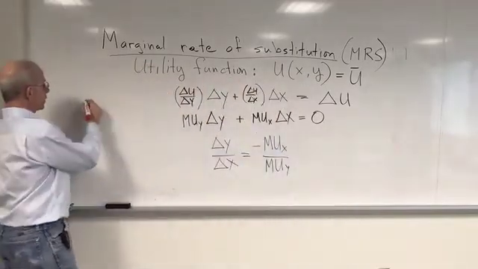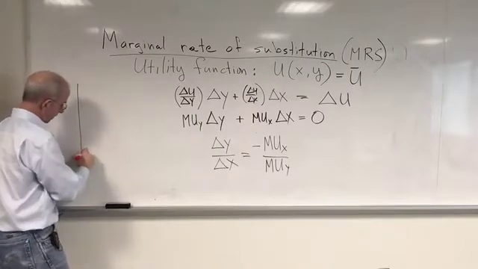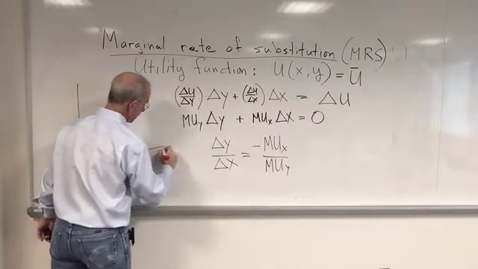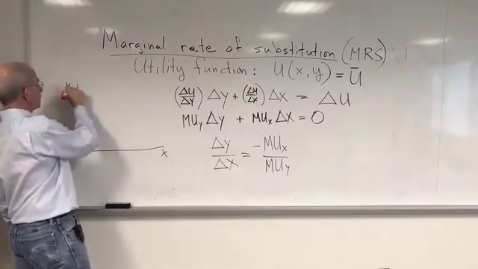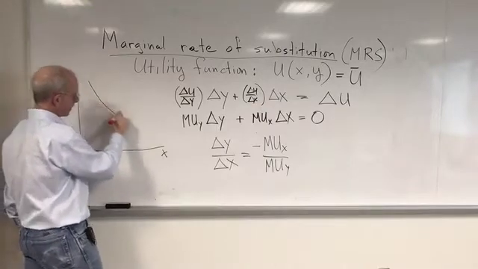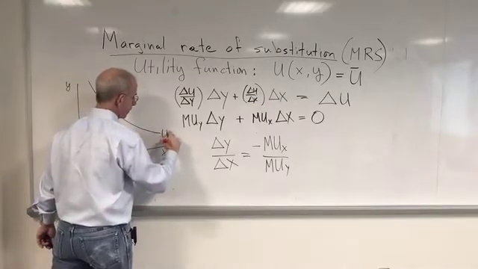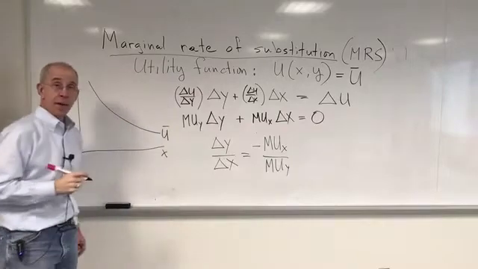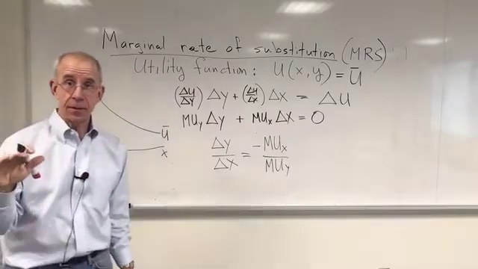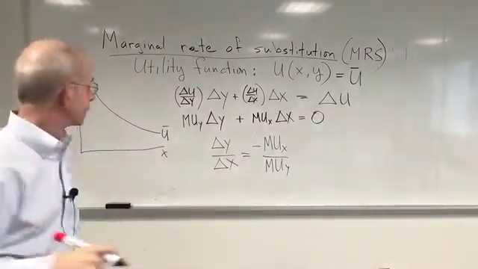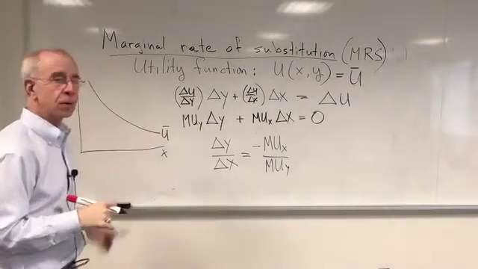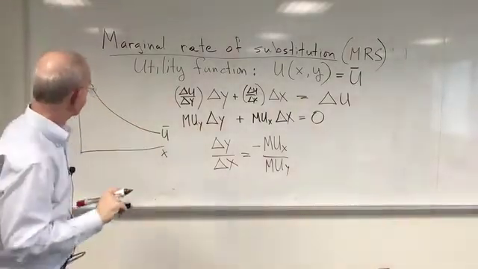So if we look at an indifference curve with X and Y on these two axes, an indifference curve has a constant level of happiness. Utility is constant.